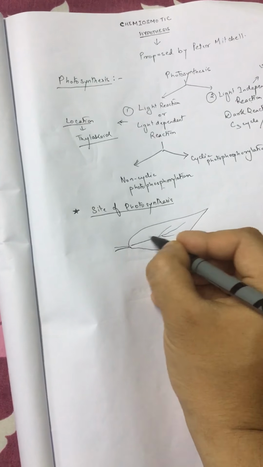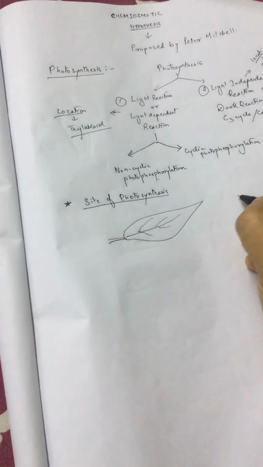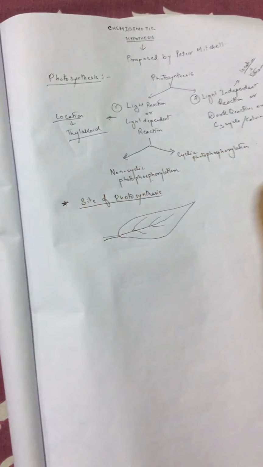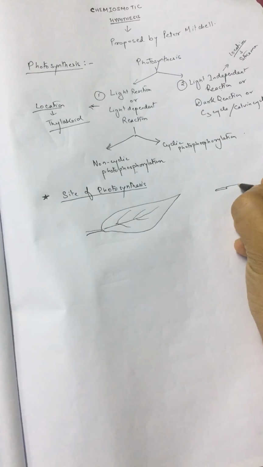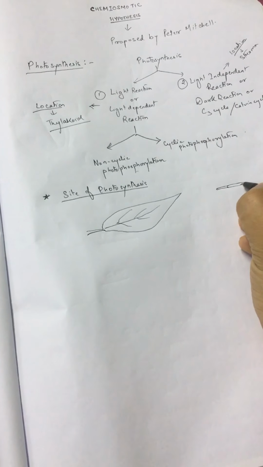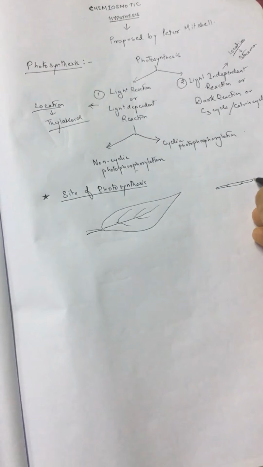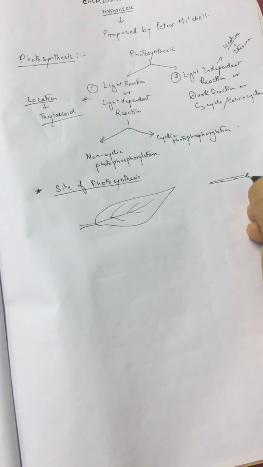Now if you do a transverse section of the leaf, you are going to see the inner portion, the TS of a dorsiventral leaf. This is the upper portion, the upper epidermis, the upper layer of cells.